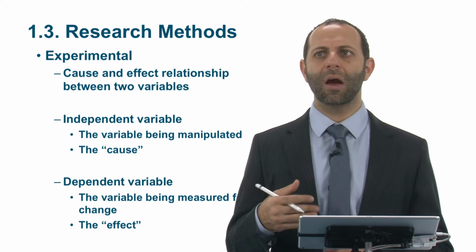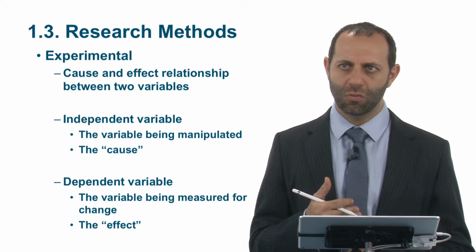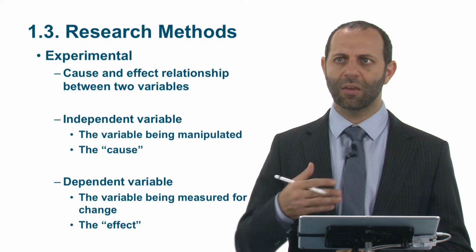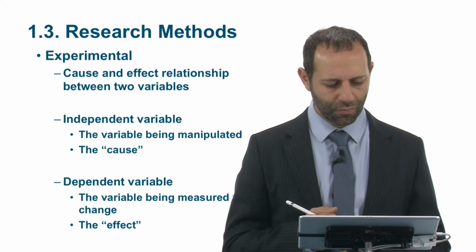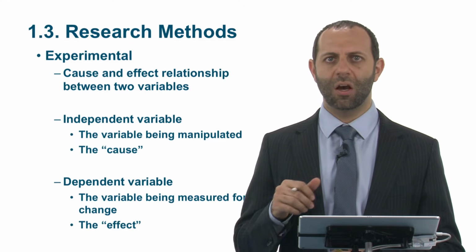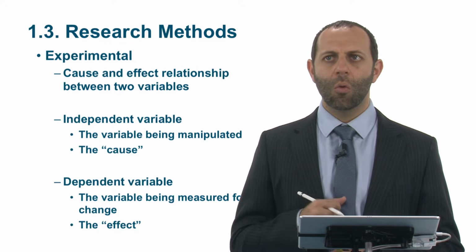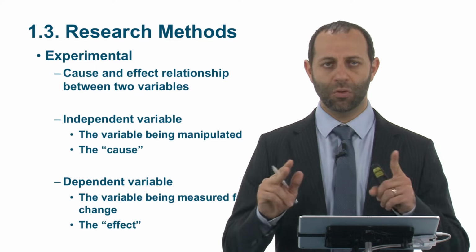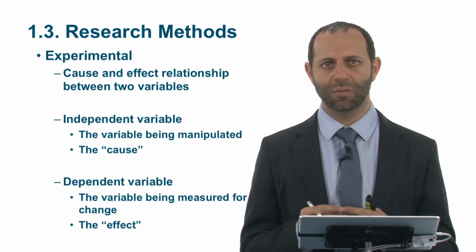I'm going to begin by defining a few terms for you and then giving you one example to help understand the application of the terms. Within experimental research methodology, we are investigating a cause and effect relationship between two variables, or even more than two variables.